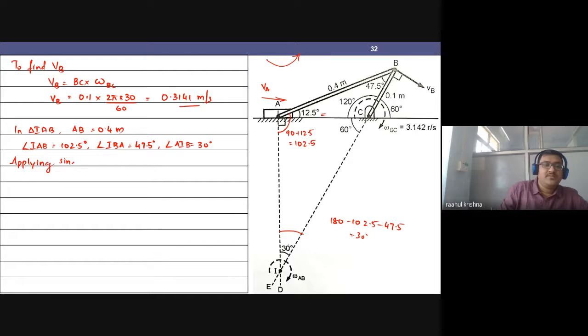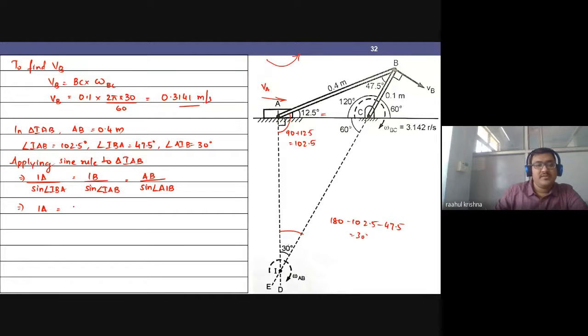Then applying the sine rule, IA equals sine of angle IBA, sine 47.5, divided by sine of angle AIB, sine 30, multiplied by AB, which is 0.4.